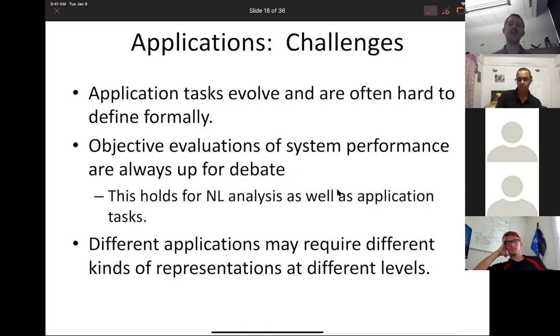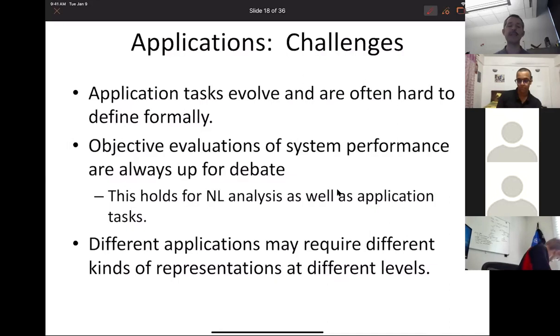Note also that objective evaluations of system performance are always up for debate. So evaluation is very important, but very rarely is there a single metric for evaluating how well you're doing on a particular application. There are a lot of competing metrics, a lot of competing criteria for evaluation. And this holds for analysis itself and for application tasks.